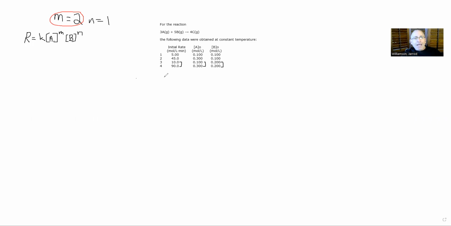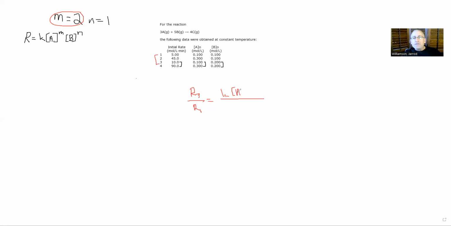So to get n, I want to keep A the same. So I'll do experiment 3 and 1. So rate 3 over rate 1 will give me, I already know the k's will cancel out.